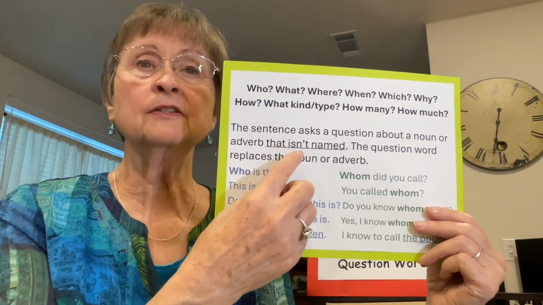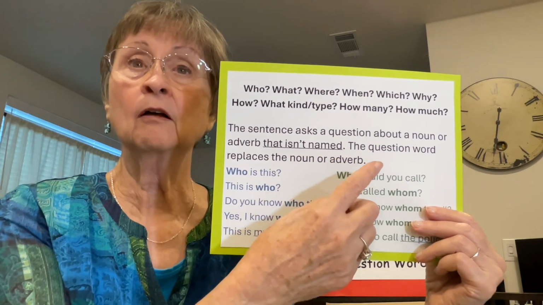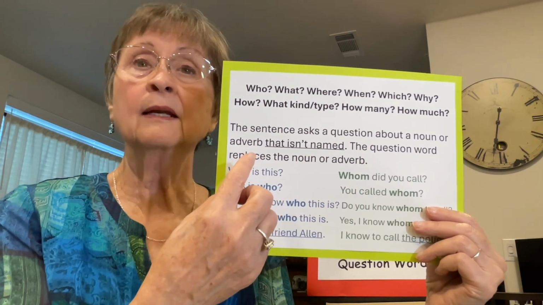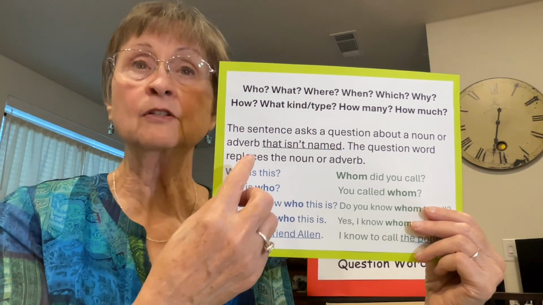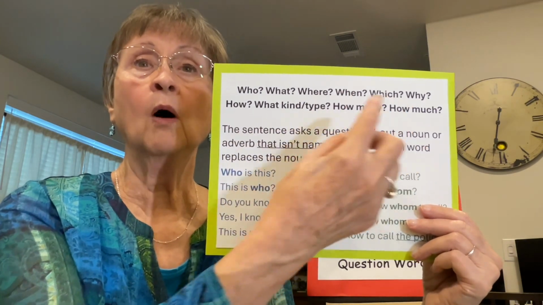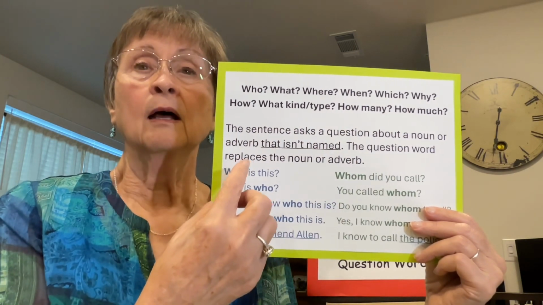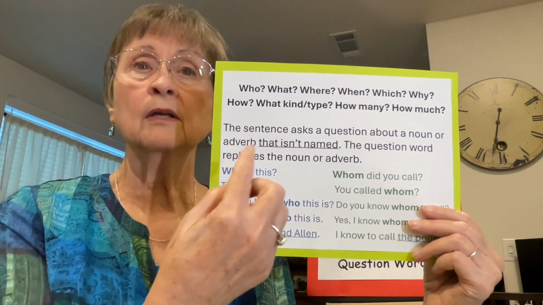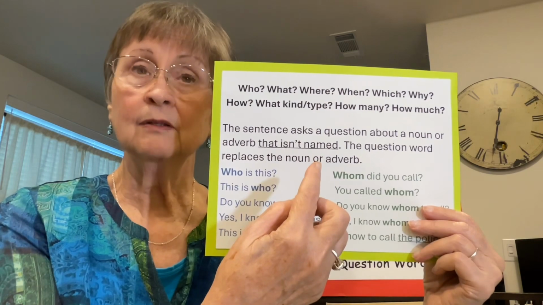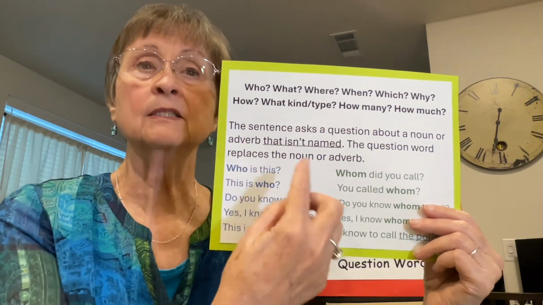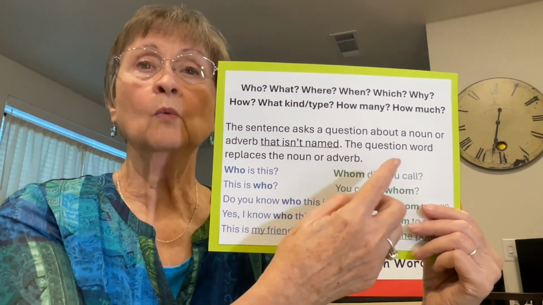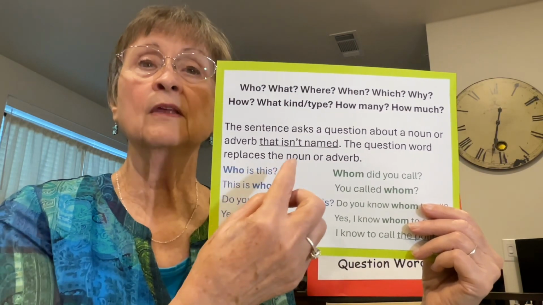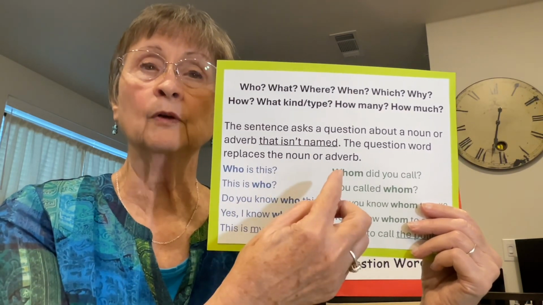The sentence asks a question about a noun or an adverb, and an adverb is something that answers where, when, why, or how. If that's in the sentence, there is a word or a phrase or clause that isn't named, so these words take its place. The question word replaces the noun or adverb.